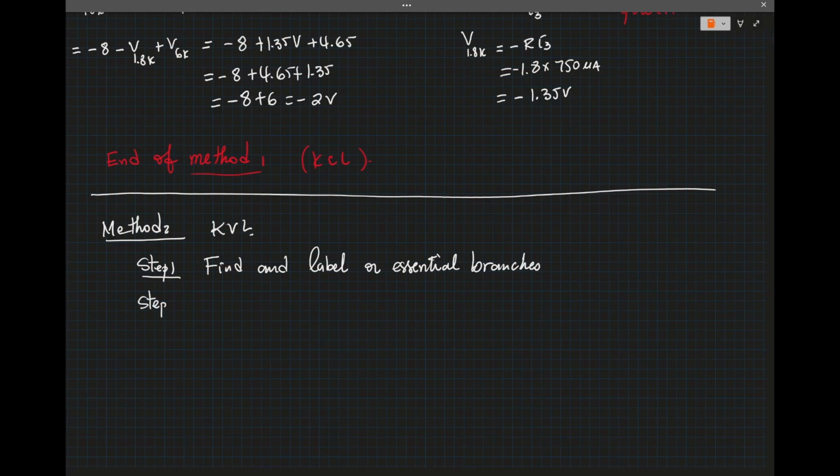And step 2. Okay. So find the number of independent voltage equations.